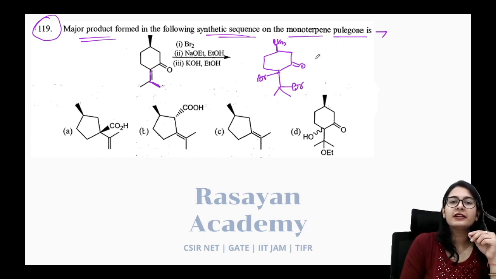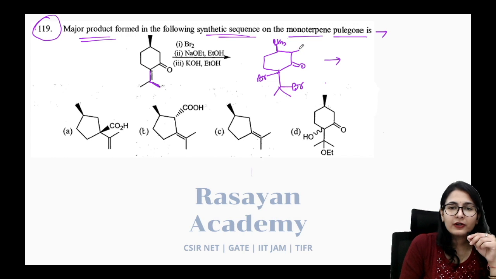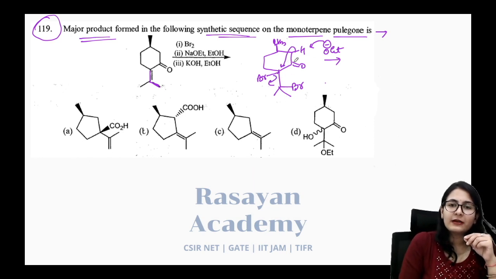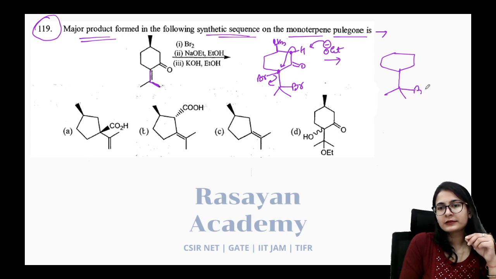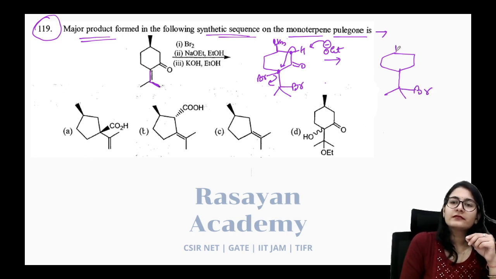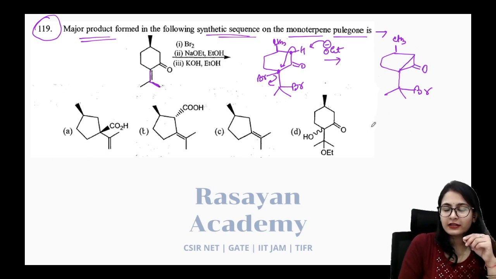Followed by sodium ethoxide can promote Favorskii reaction, because on the other alpha carbon, see, one alpha carbon has a proton, the other alpha carbon has a bromine. So this is how you're going to form a cyclopropanone intermediate basically.